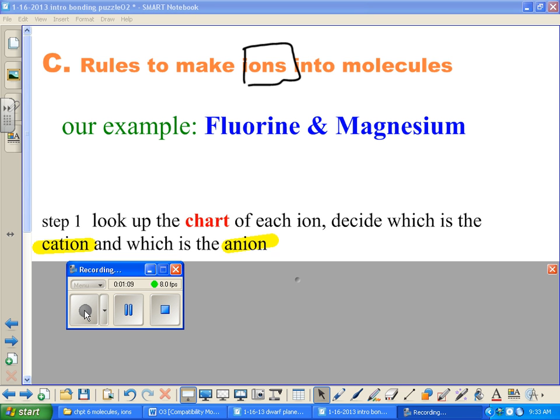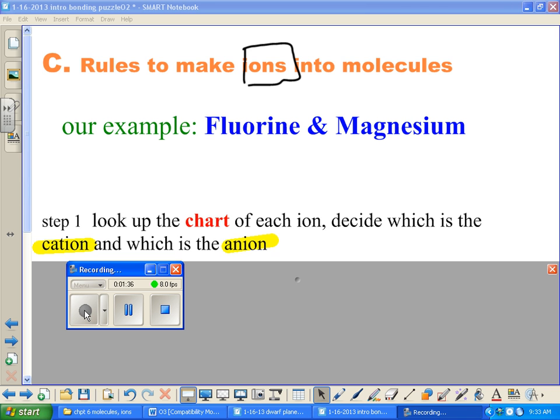So look at the chart. What chart? The big one on the wall. That's right. We practiced making electron configurations. We practiced boxing. We looked at the last box and decided, is it full? We want it full. We want to have 8 in it. We said if it's more than half full, it's going to go ahead and gain some more.